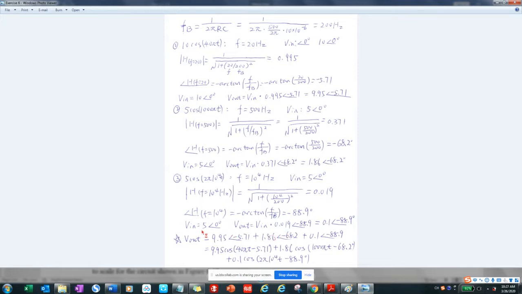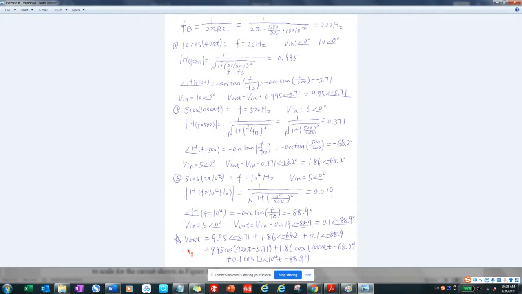Multiplied by the magnitude of 5, the input, we get 0.1. You can see the output magnitude is very small. This signal, you can just think that is reduced almost to 0. For the phase angle, the transfer function is negative 88.9. The input is 0. We add them up, we get negative 88.9. So this is the output for the third component.